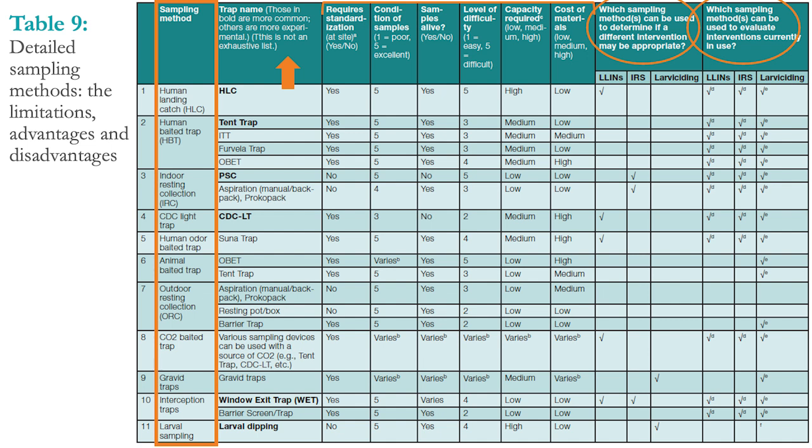The second to last column indicates whether a given method can be used to help you determine whether or not IRS, LLINs, or larviciding might be appropriate interventions. For example, you can see that HLCs are suitable to assess the appropriateness of LLINs, but not of IRS and larviciding. Finally, the last column indicates whether a sampling method is appropriate to evaluate current interventions in use.